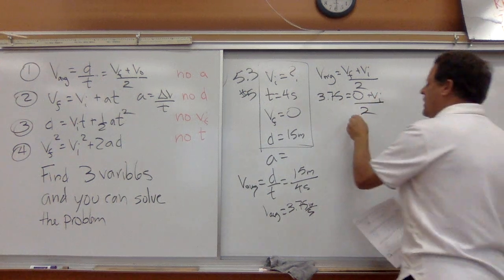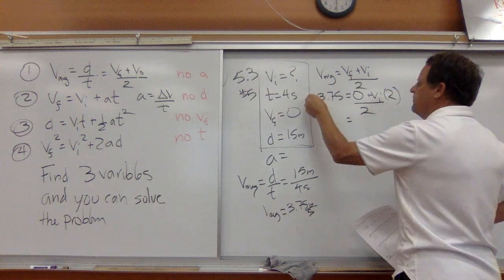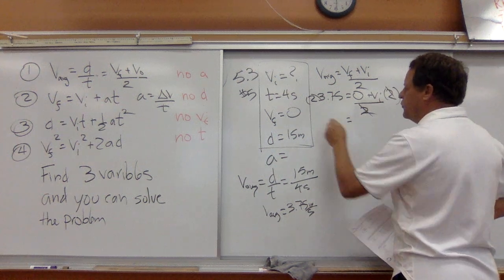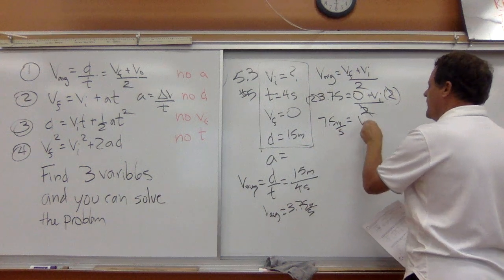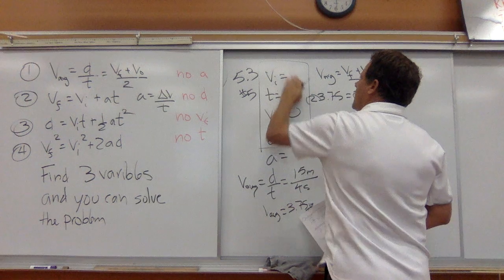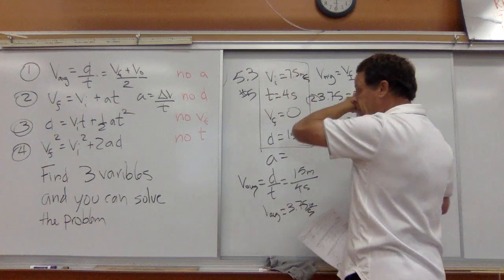Now we can multiply both sides by 2. This side cancels out. 3.75 times 2 is 7.5 meters per second, and that is our initial velocity. So now we know our initial velocity is 7.5 meters per second.